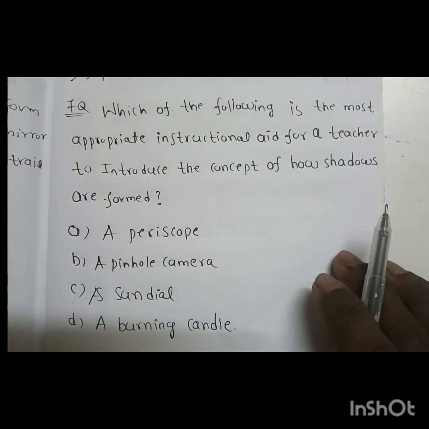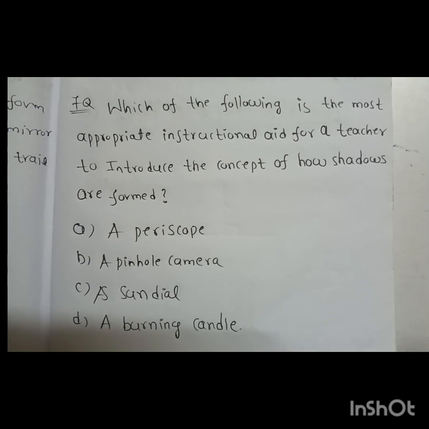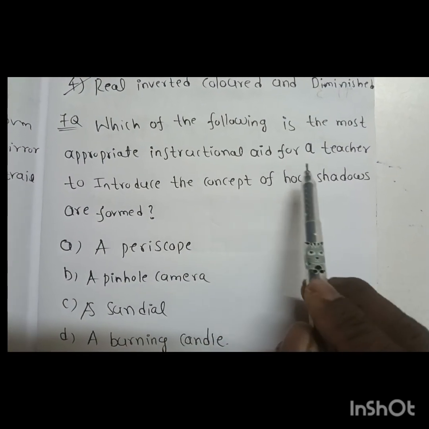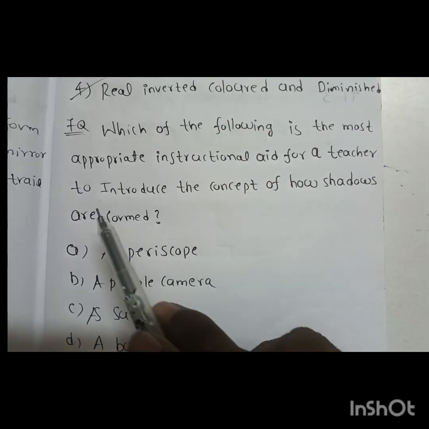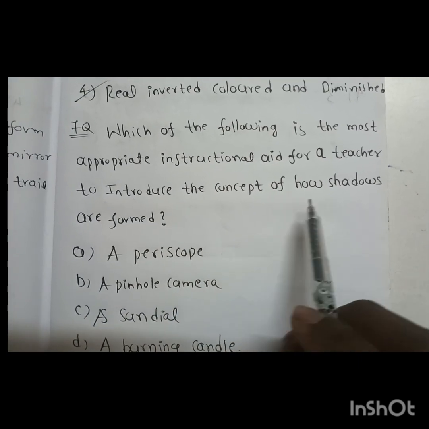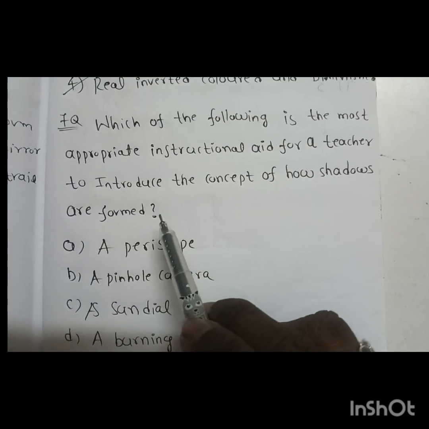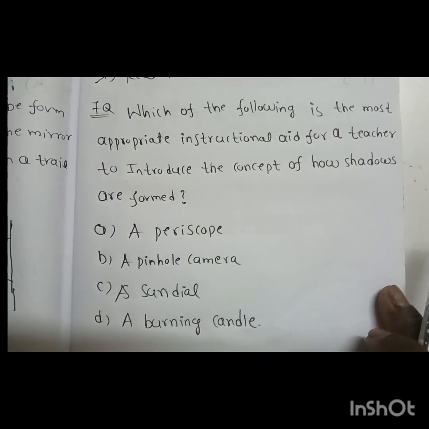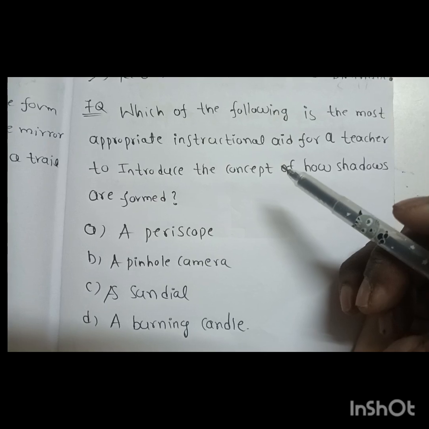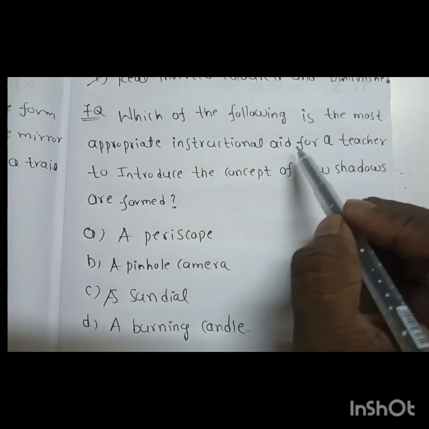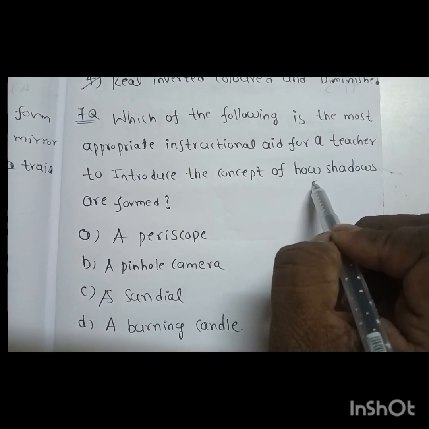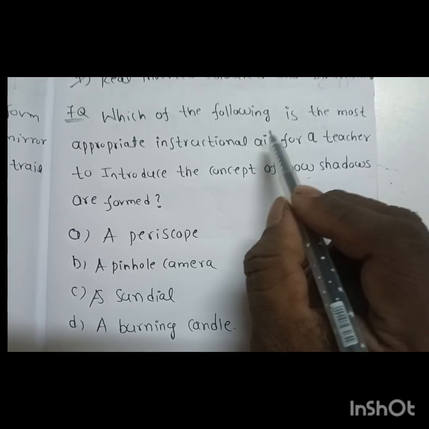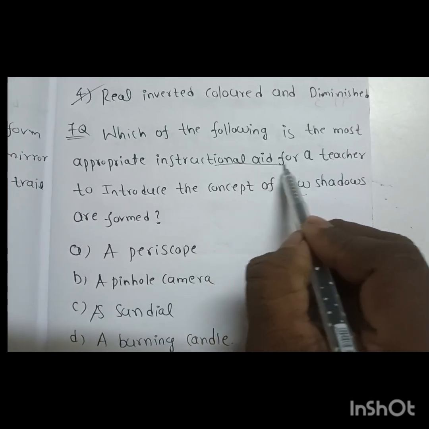Next, the seventh question: which of the following is the most appropriate instructional aid for a teacher to introduce the concept of how shadows are formed? A teacher wants to introduce the concept of how shadows form, so what teaching aid is going to be used?